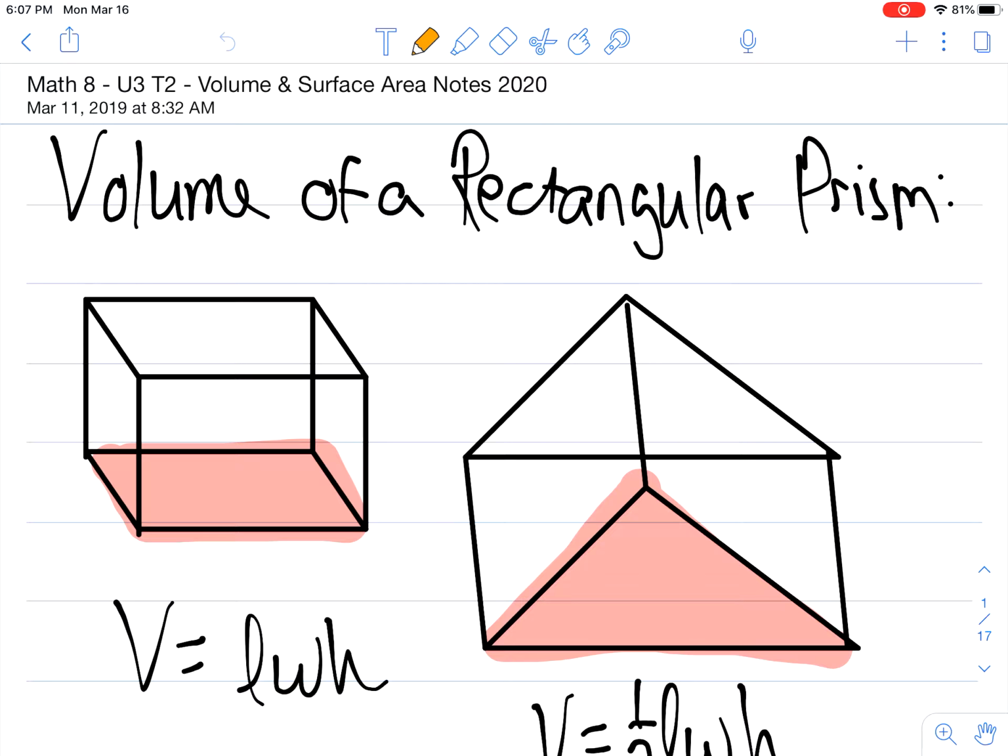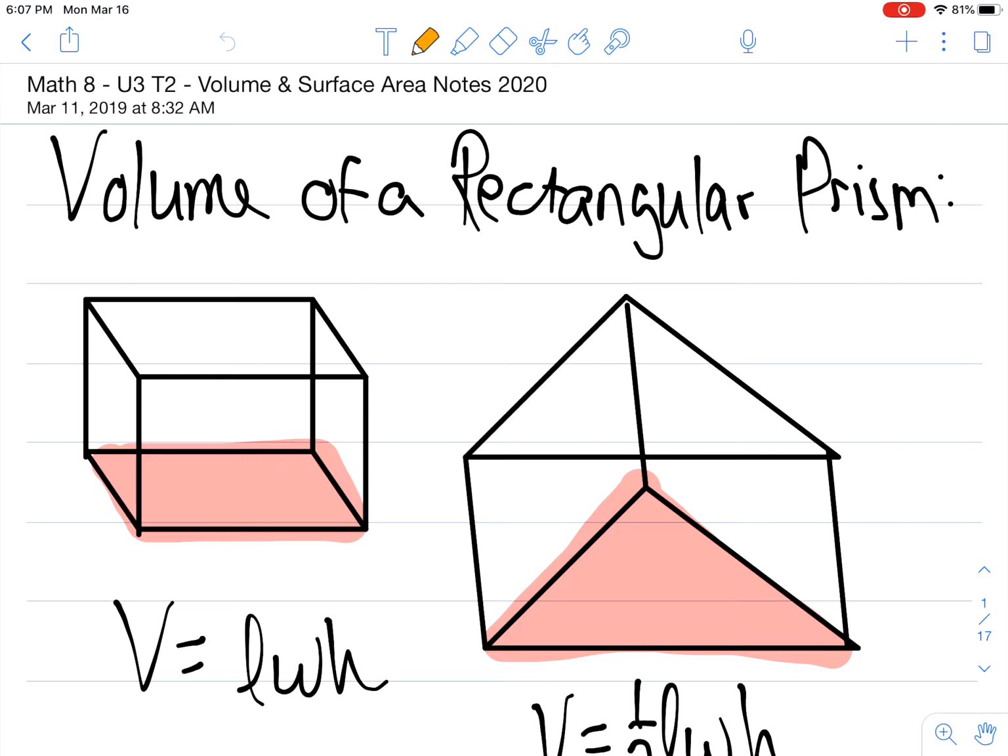Another overarching thing before we get really into it. Number one, you will get all the formulas for volume and surface area that you need for the assessment. We'll give them to you per problem, so you'll know exactly what formula you need. The only thing you have to do is make sure you know what each variable represents so you can plug in numbers correctly and get the correct answers.